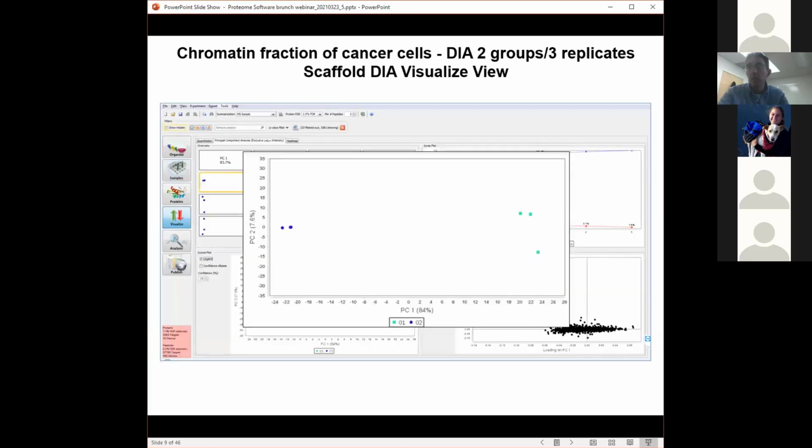The next thing we usually do is the principal component analysis, because I can't wait to see, are there going to be some interesting differences? In this case, not surprisingly, there's very striking separation between the two cell types. And there's even two dots right on top of each other here.